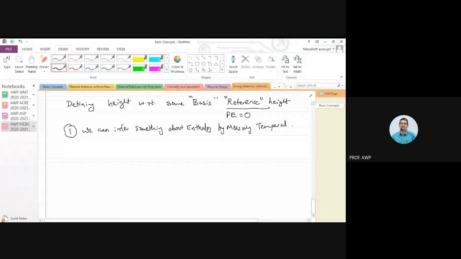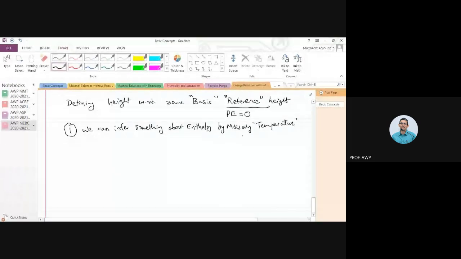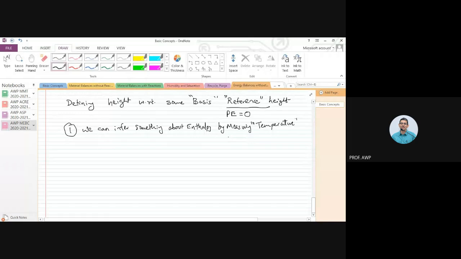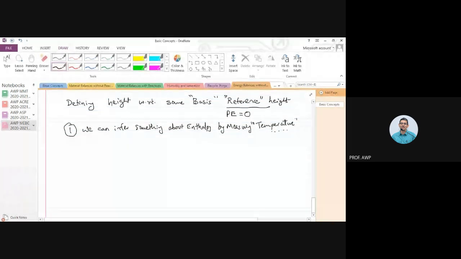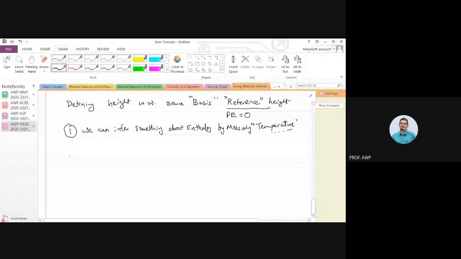Not just temperature, mass as well, right? Because enthalpy is an extensive property. It will depend on mass. If I take 1 kg of water at 30 degrees centigrade and heat it up to 40 degrees centigrade, enthalpy change would be 10 kilocalories. If I take 2 kgs of water, enthalpy would be 20 kilocalories. Something about temperature, something about mass, provided we know the specific heat.